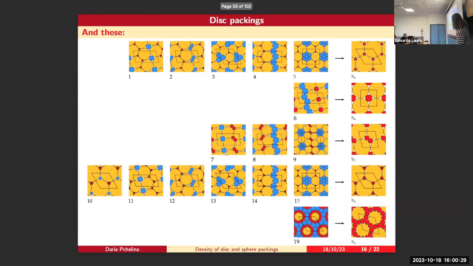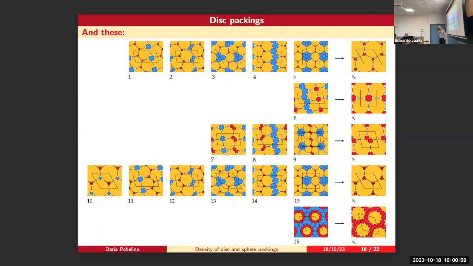And for other cases, which are a bit special, here you can see that each of these cases is a mix between two binary triangulated packings. So for instance, in the first line, each of these packings is a mix between B8 here and something else. That means the density of each of these packings is between the densities of these two binary packings.